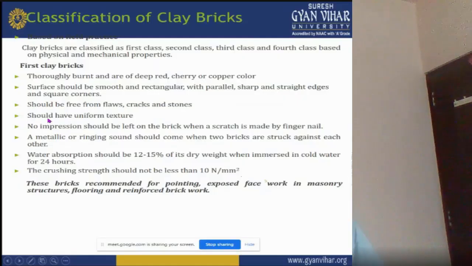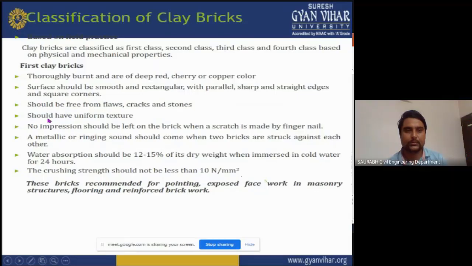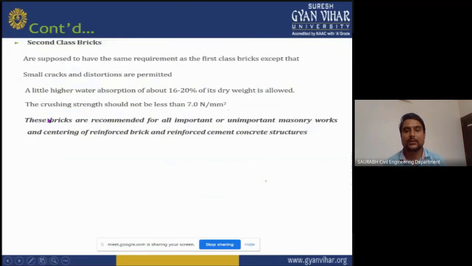These bricks are recommended for pointing, exposed work in masonry structures, flooring, and reinforced brickwork. So first class brick is generally used in pointing work, and where we have to give an aesthetic view in the wall. In those places you can use the first class clay brick.